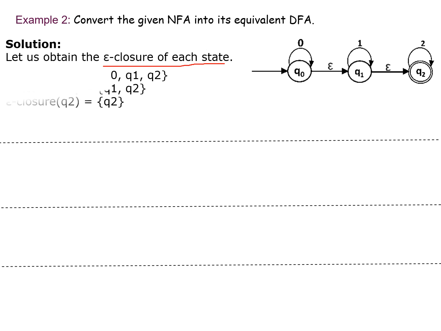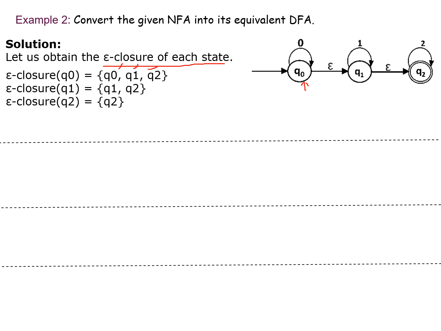Look at that: E closure of Q0 is Q0, Q1, Q2. When you start from Q0, without taking any input you can reach Q1, and you can also reach Q2.